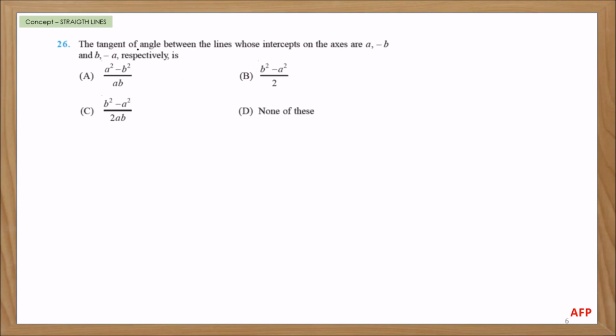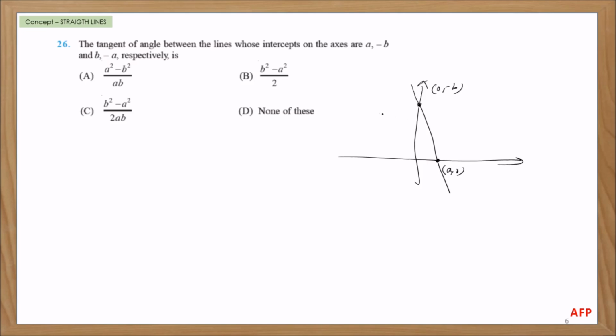Next, tan of the angle between the intercepts. So we will draw this coordinate system. One line is there like this, which is having x intercept as a comma 0 and y intercept as 0 comma minus b.